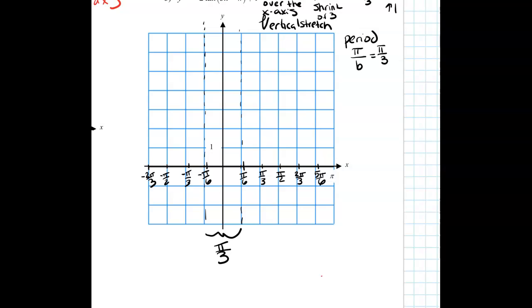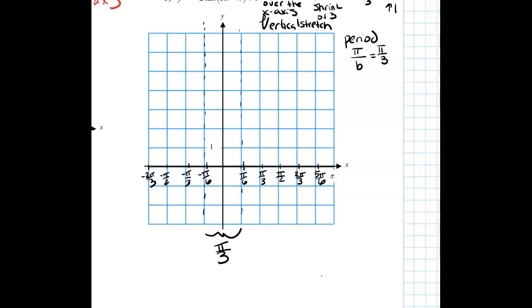Most of the time my tangent function would look like this, with points halfway in between at the pi fourths, and it would look something like that. That's what the basic tangent function looks like, but we have shifts and everything else going on, so don't get too used to that quite yet.